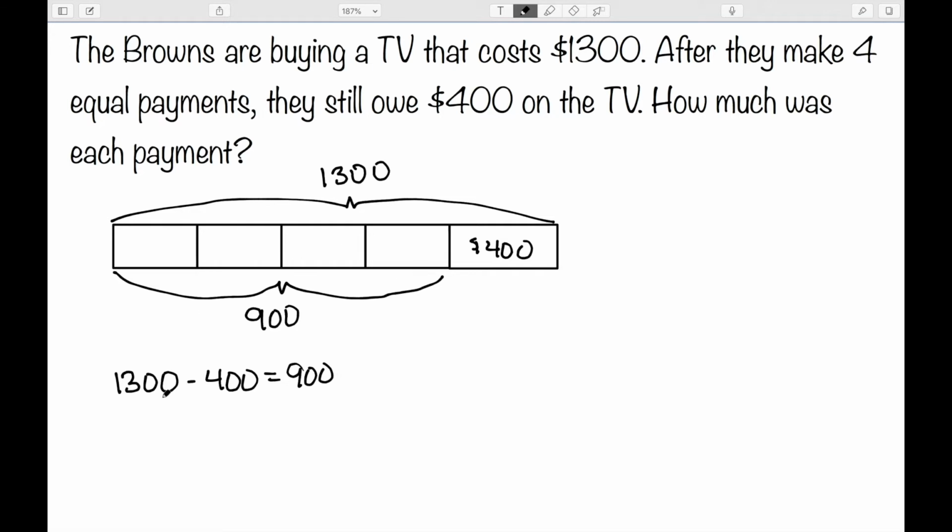And then we broke it up into 4 equal pieces. So 900 divided by 4, which would give me that individually each one of these are $225. So total, each payment was $225. And we were able to solve this using just a strip diagram.